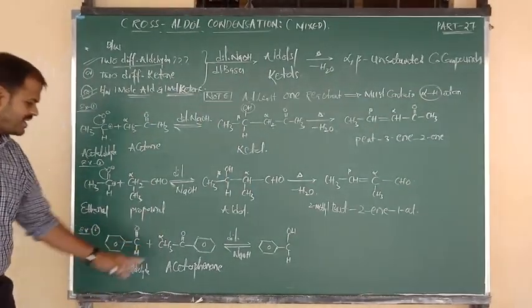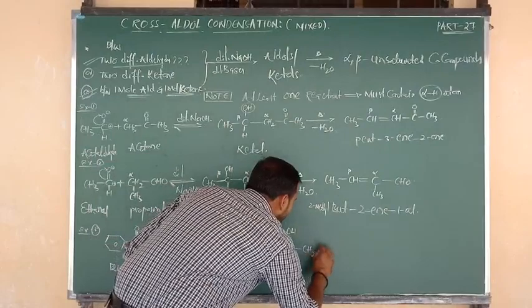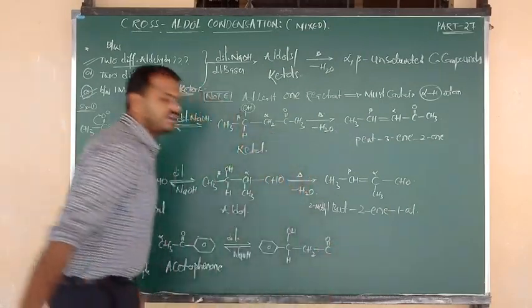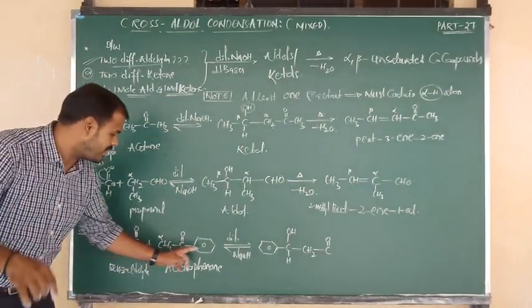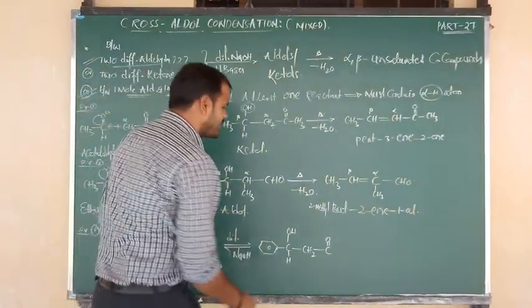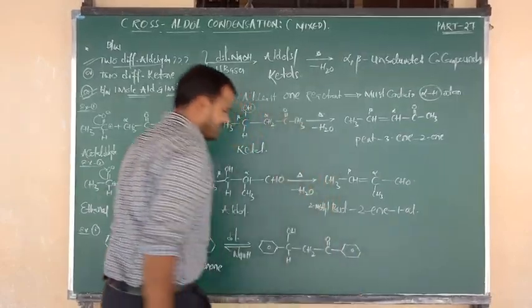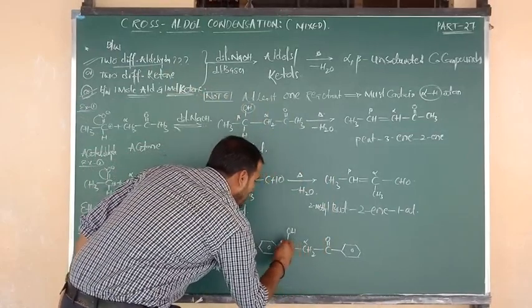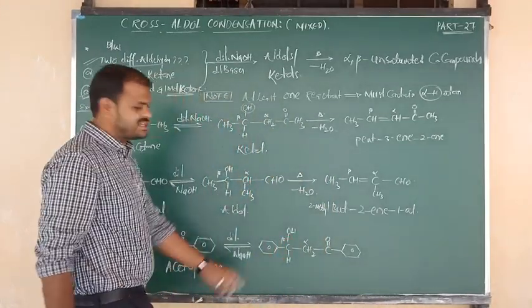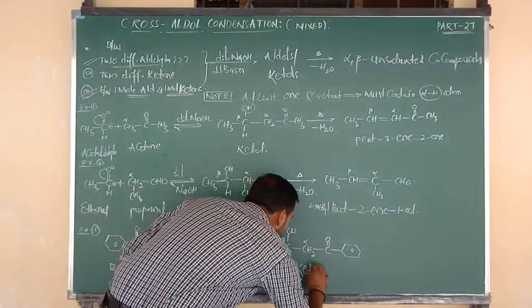So the remaining part is CH2, bonded to C double bond O, which is connected to the phenyl ring or benzene ring. What is the intermediate? The functional group is C double bond O, adjacent is alpha, adjacent is beta: a beta hydroxy ketone, or shortly, a ketone.